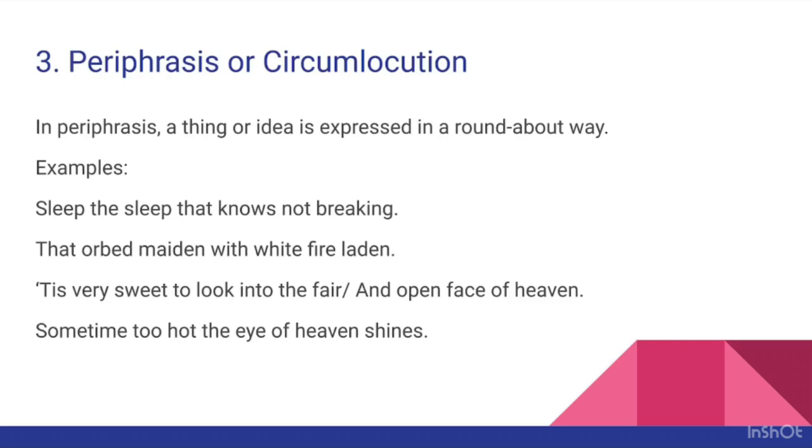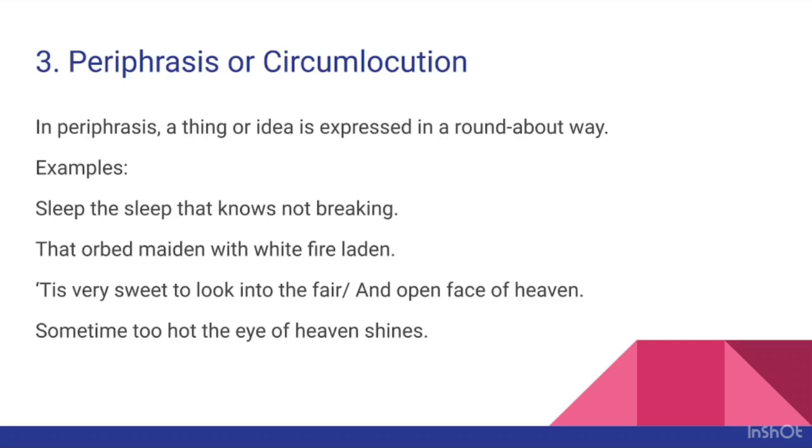A fact or idea which can be expressed briefly and directly is stated indirectly in a roundabout way. For example, sleep the sleep that knows not breaking. So here death is meant, right? Death is here expressed in a roundabout way by sleep that knows not breaking.